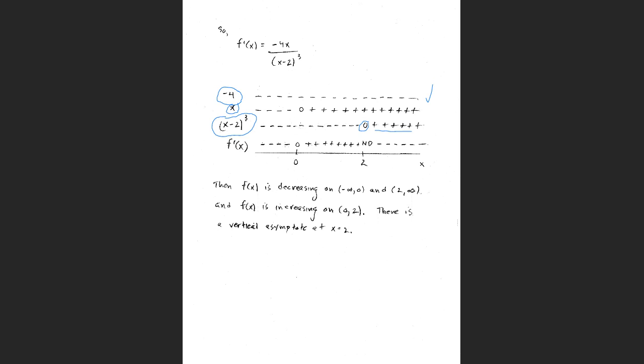But it'll be negative when x is less than 2. Because if you had, say, 1 minus 2 cubed, it's an odd power. So that's going to be -1 cubed, which is equal to -1.